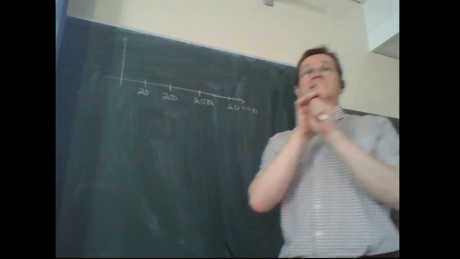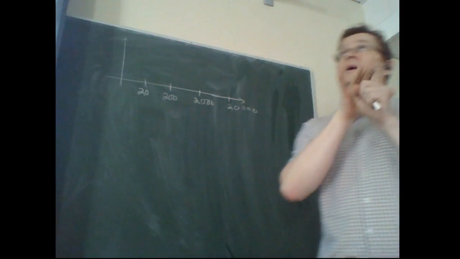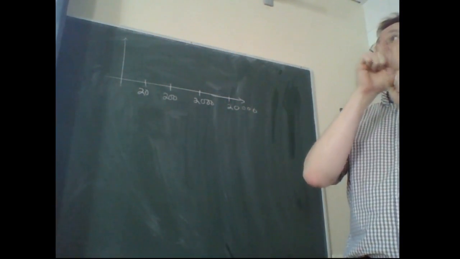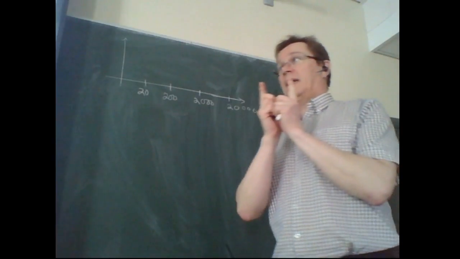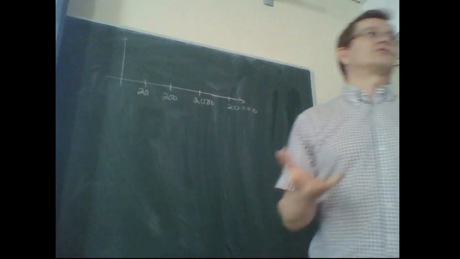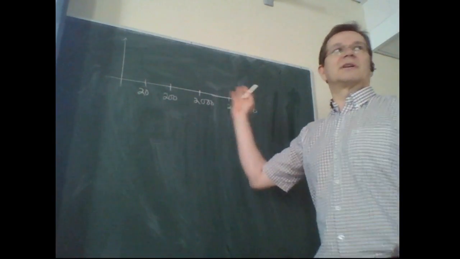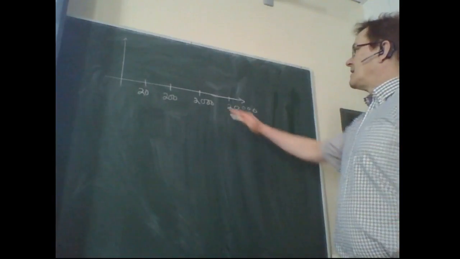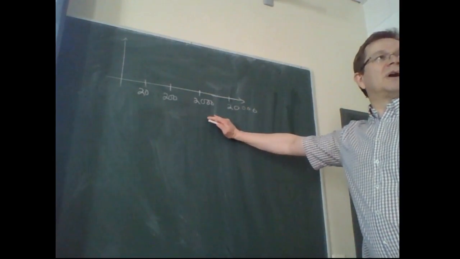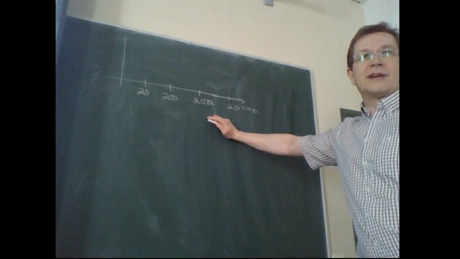If the base note is 440, then the next harmonic would be 880. The next is double of that, and so on. So the natural way of hearing these frequencies is logarithmic, and that's why you mark it like this on the Bode diagrams.